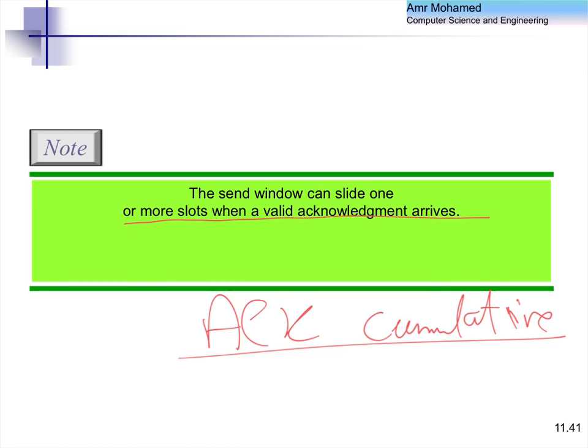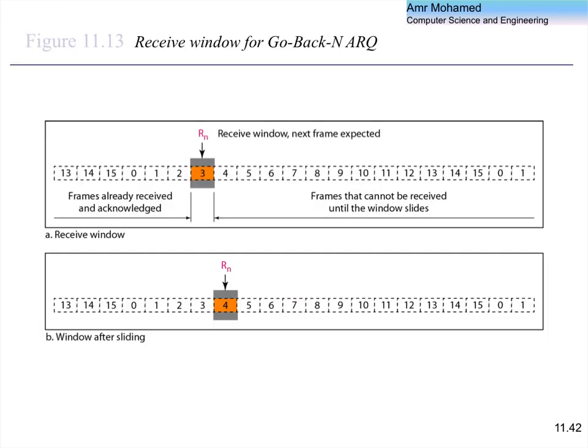If you have, for example, frame 0 arrive, and frame 1 is lost, and then frame 2 arrives at the receiver, can the receiver accept this? No. The receiver will not accept frame 2 because frame 1 did not arrive. So the reception at the receiver is always in order. The receiver is strict for Go-Back-N. It cannot accept any frame out of order.